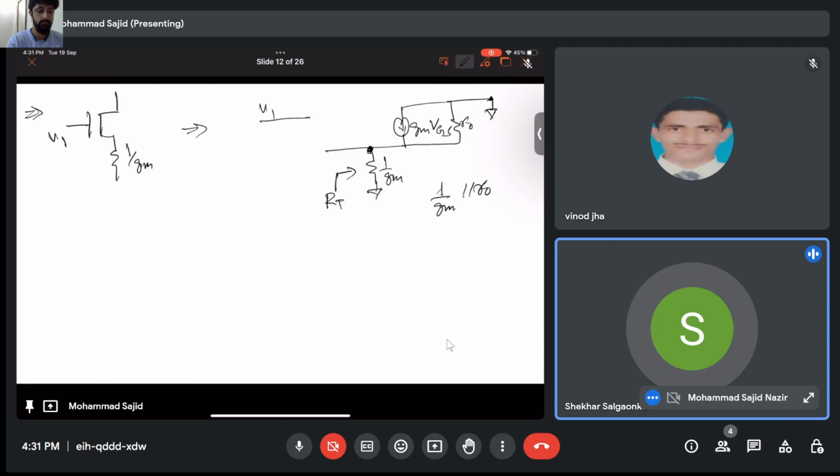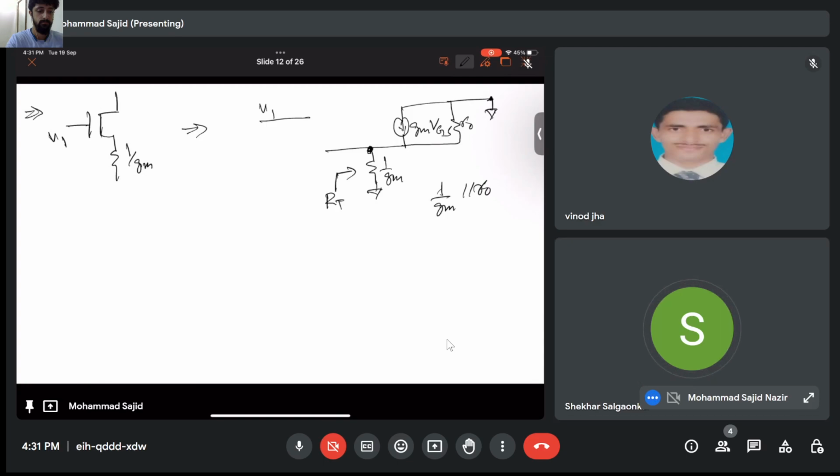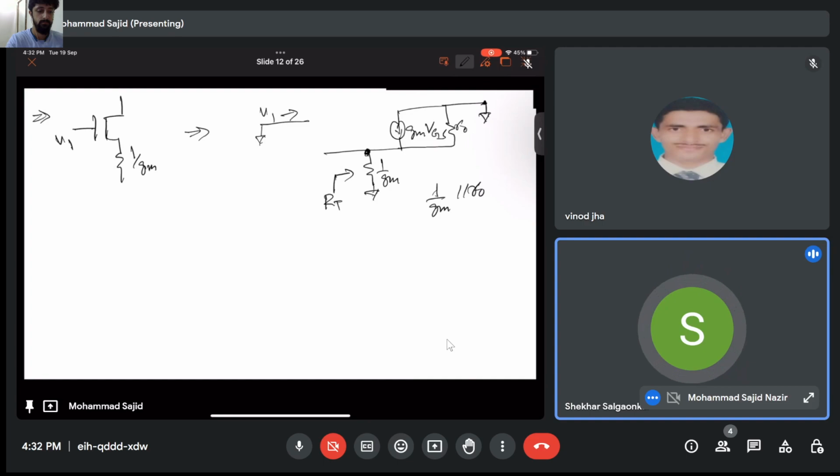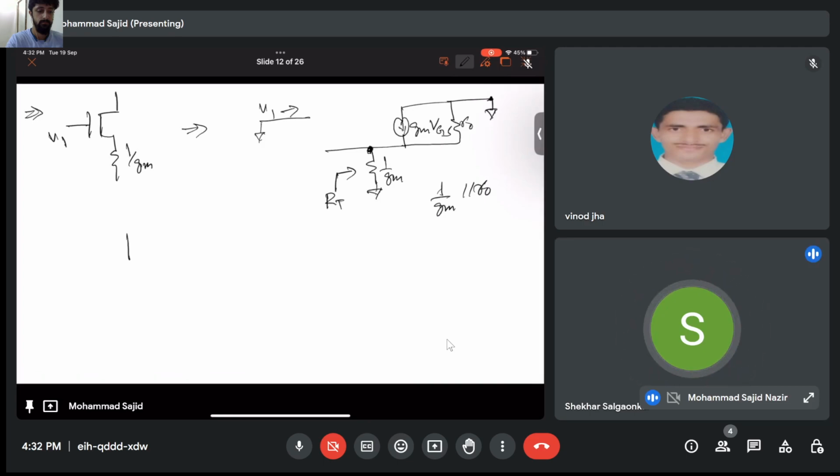Yeah, but then, sir, you have to consider the other GM also in the picture. Okay, now when you calculate RT, V1 you have to ground, right? So when this is grounded, I will connect a test source here.